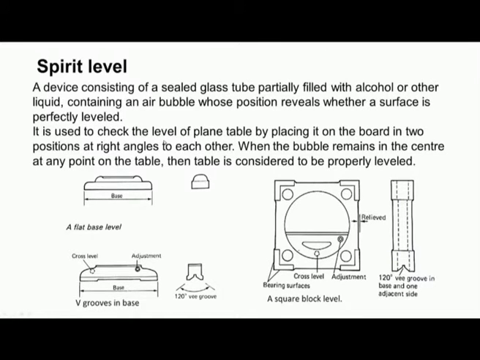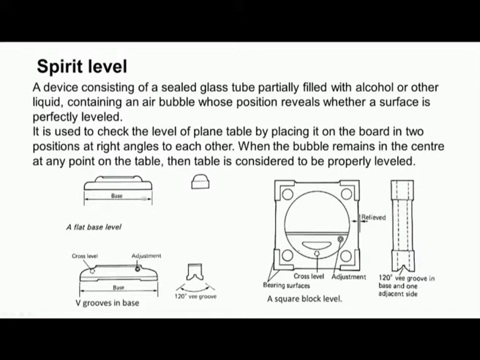It is used to check the level of a plane table by placing it on the table in 2 positions at right angles to each other. When the bubble remains in the center at any point on the table, then the table is considered to be properly leveled. So, different configurations of spirit level are available.